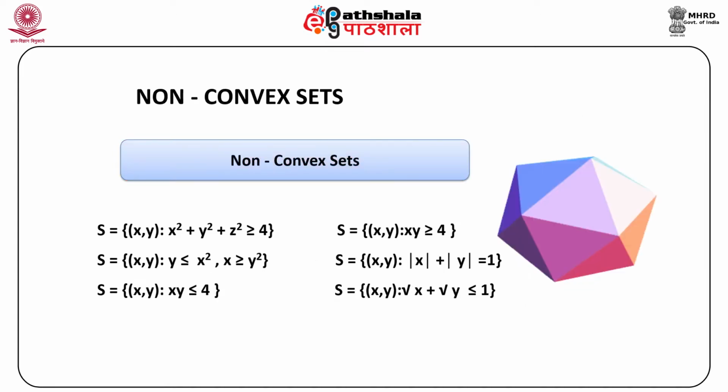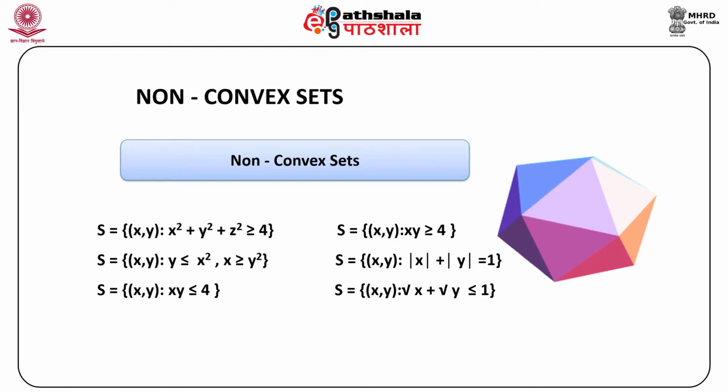Try to draw a graph to verify that the following do not represent convex sets. S equals {(x,y,z) such that x squared plus y squared plus z squared is greater than or equal to 4}. S equals {(x,y) such that xy is greater than or equal to 4}.